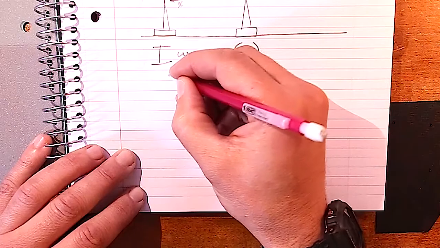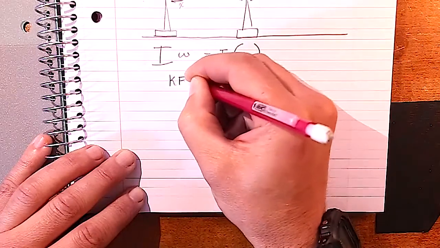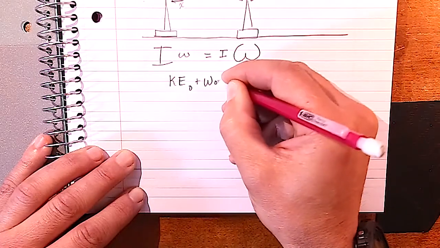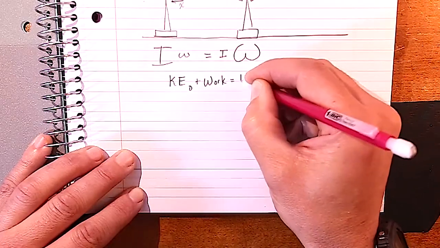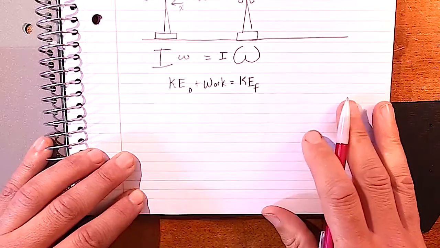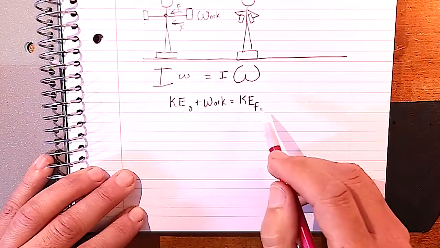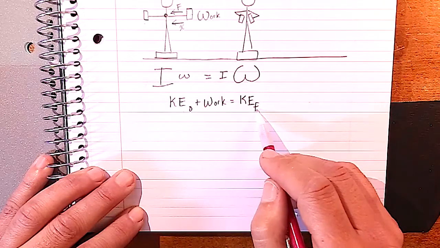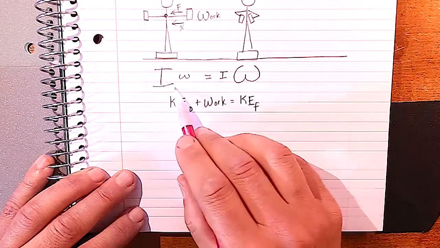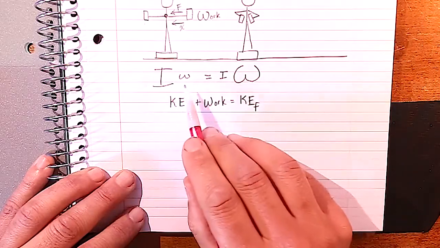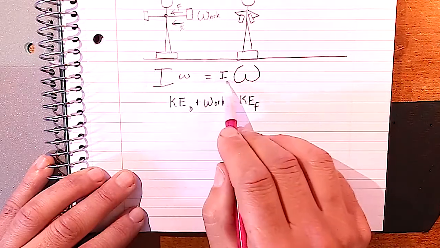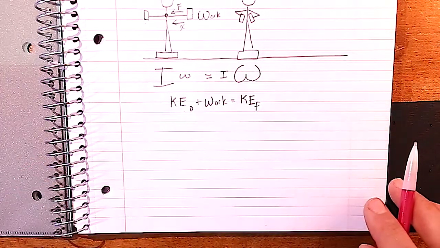So for conservation of energy, the initial kinetic energy plus the work done is going to be equal to the kinetic energy final. In other words, the kinetic energy initial is not equal to the kinetic energy final. But if they ask you how the angular momentum compares, those have to be different. But what if they ask you about the angular velocity? Those are different because the moments of inertia change.